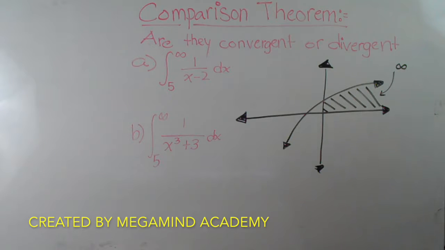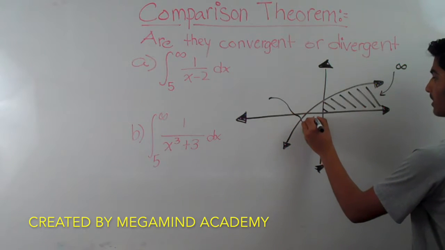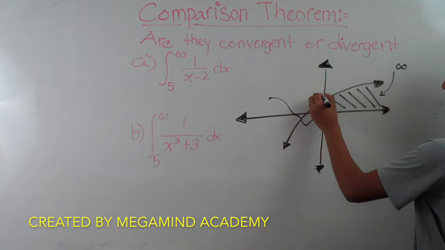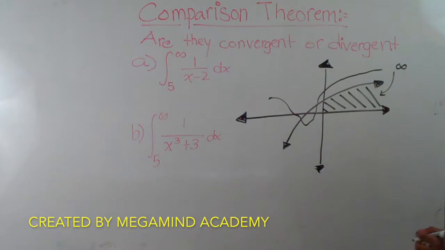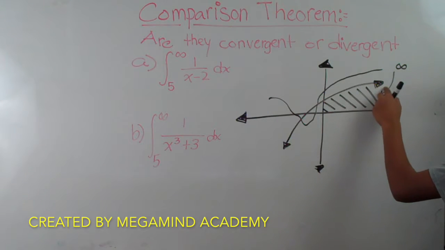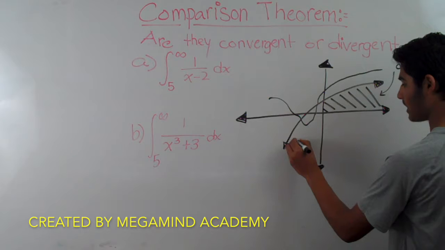Now, let's say we had a function that was bigger than this, from 0 to infinity. It can be smaller until here, but as soon as it hits 0 or before that, it has to be bigger than this function, and all the way to infinity, this function must be greater than the function that we have here. So let's say this original function was f of x.